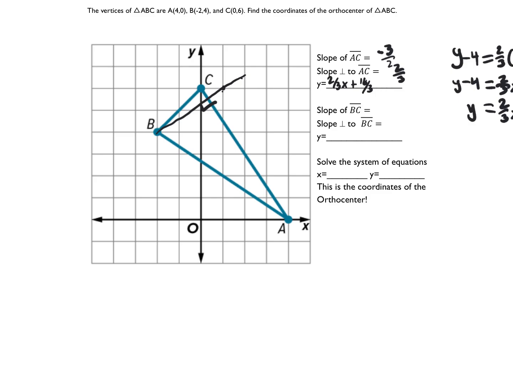Next, the slope of line BC. Well, if you look at side BC, it has a slope of 1. And the slope that's perpendicular to 1 is negative 1, because it's the opposite reciprocal. So it's going to go through point A and have a slope of negative 1.